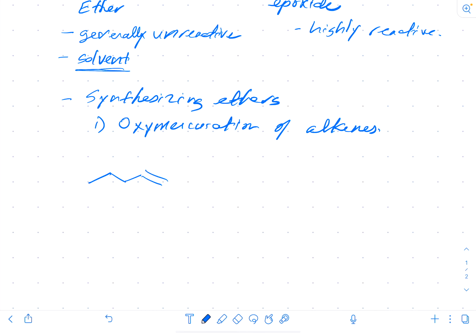So here's what that would look like. Take, for instance, an alcohol, treat that with a base, such as sodium hydride. That will give me a strong nucleophile at that oxygen, so I would get the sodium alkoxide.